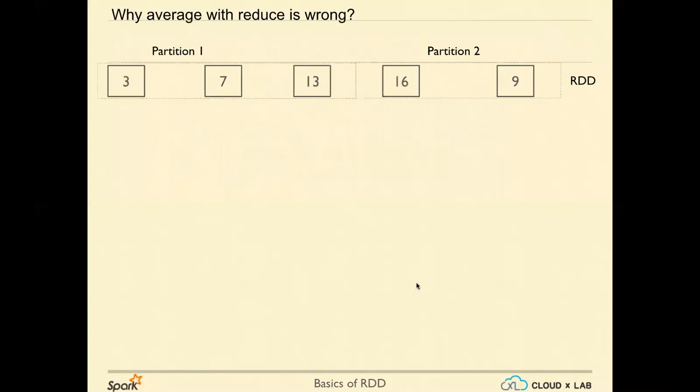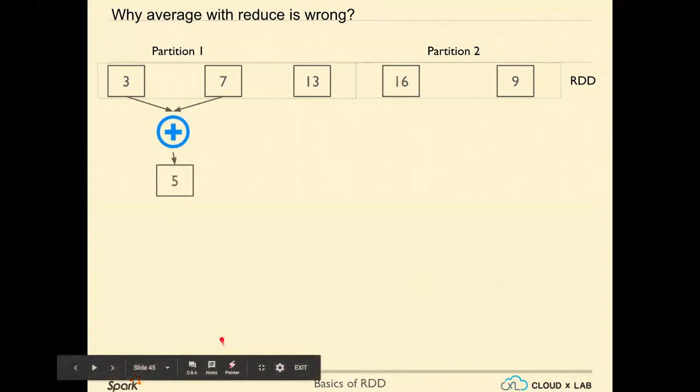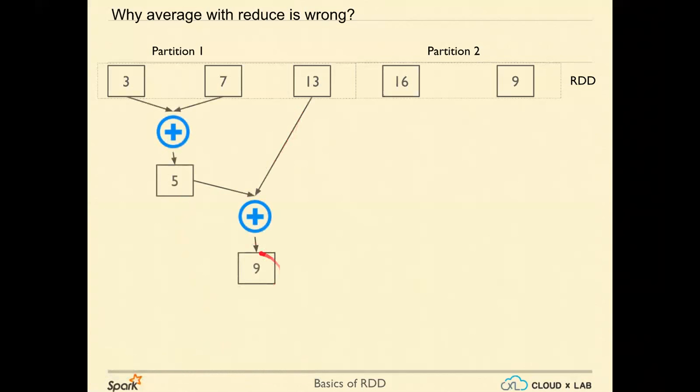All right. Now let's take a look at what is going on underneath. So first the average of 7 and 3 will be computed, which is 5. This is correct, right? Then the average of 5 and 13 will be computed, which is 9. The average of 16 and 9 will be computed, right?